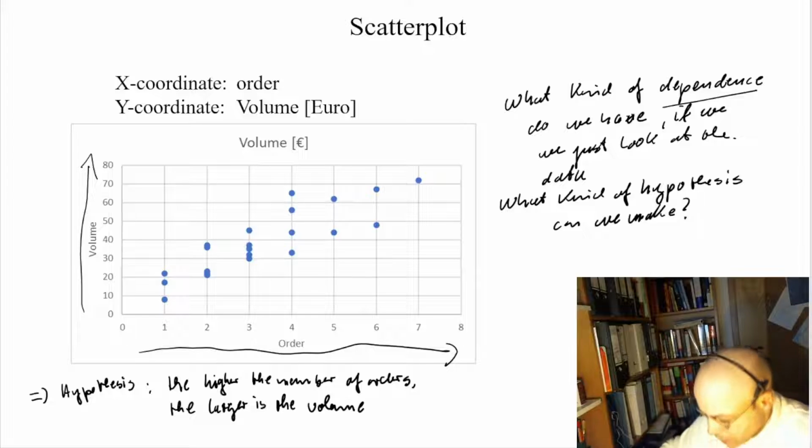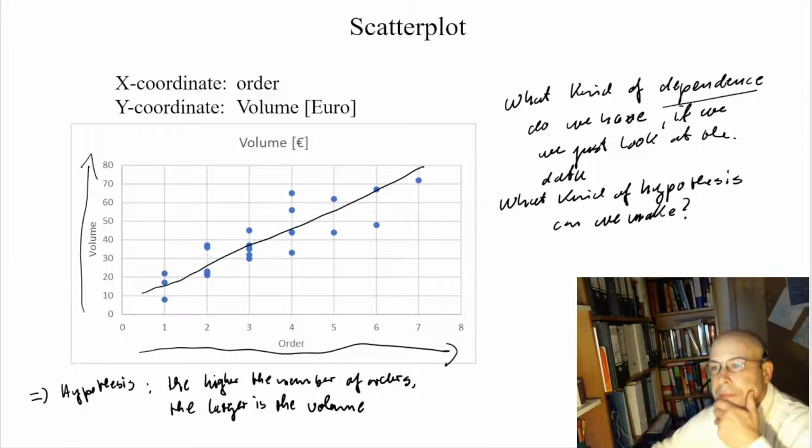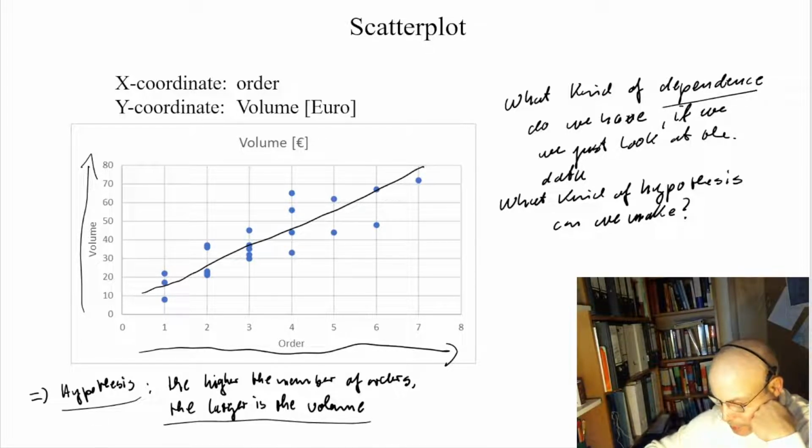And what we then quite often do is that we just fit by eye something like a line into the data in order to represent this hypothesis which we made.